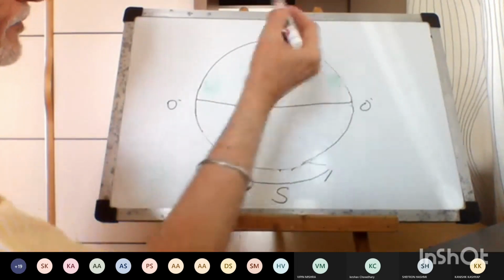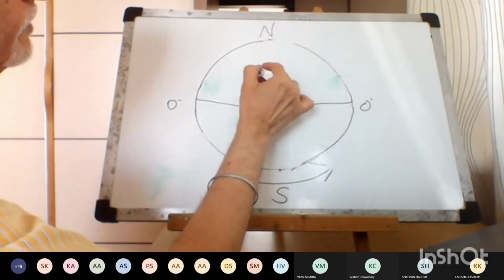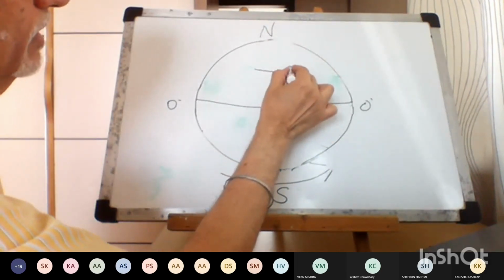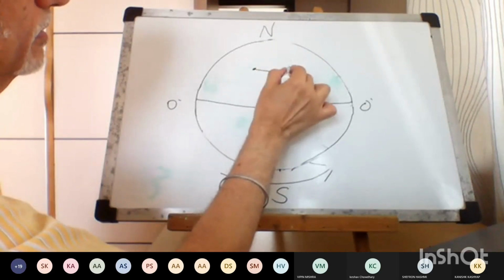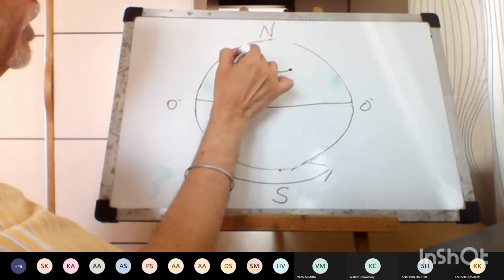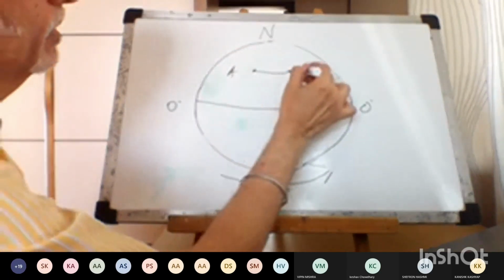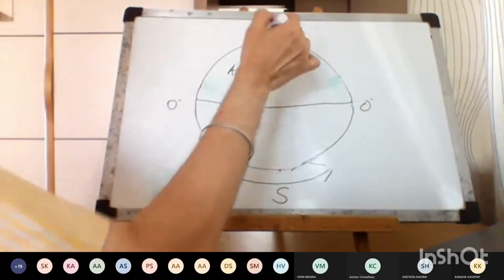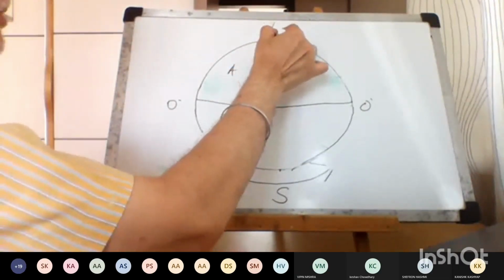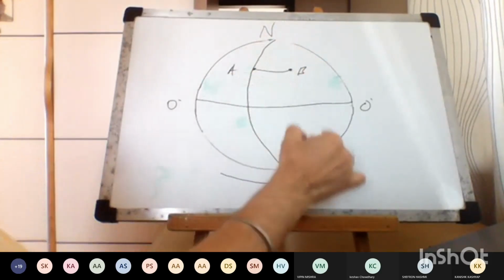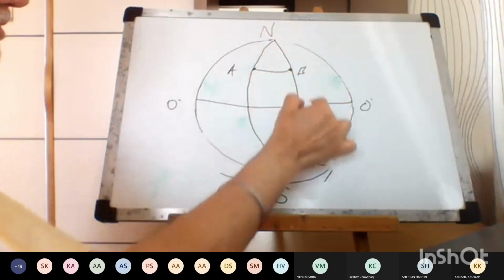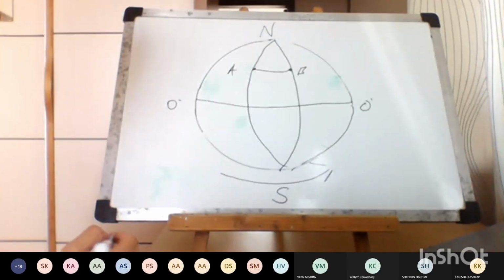Equator. Let's say someone has to go from point A to point B. There's a meridian from here, and there's a meridian from here.